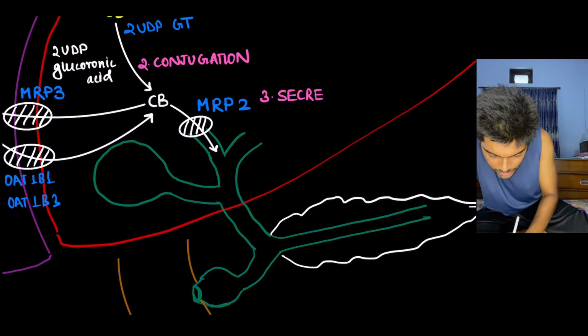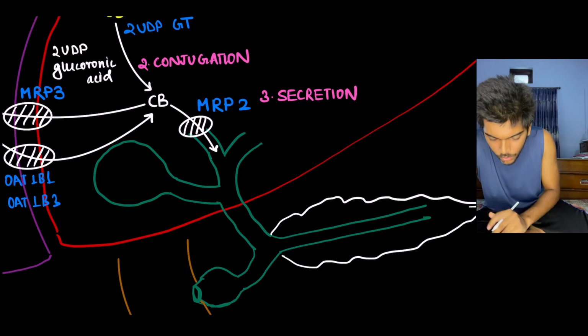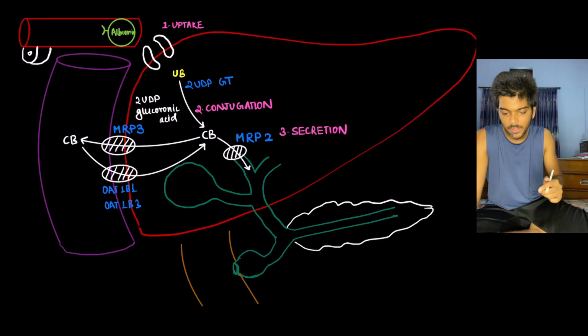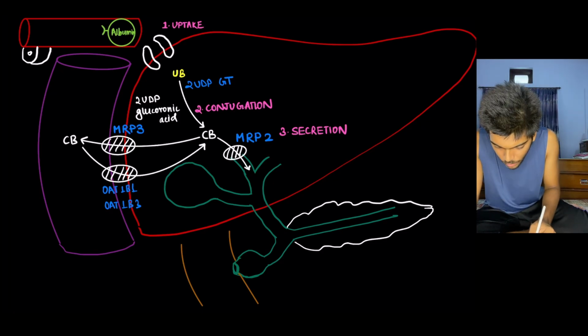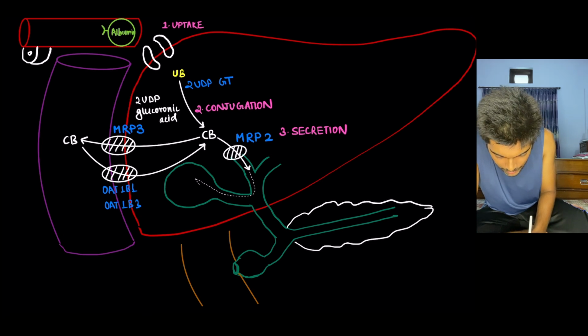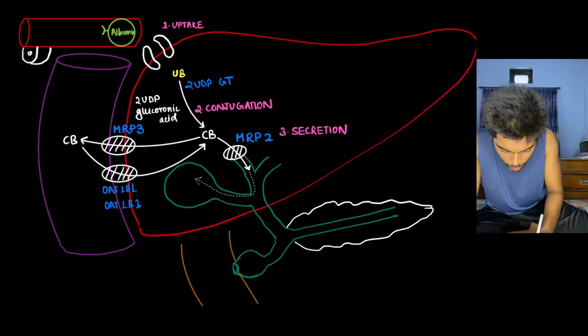Finally, the conjugated bilirubin is inside the biliary system. From the biliary system, where does it go? So hepatic duct, then the cystic duct, again the hepatic duct, the cystic duct, and then inside the gallbladder. Inside the gallbladder, you have conjugated bilirubin.